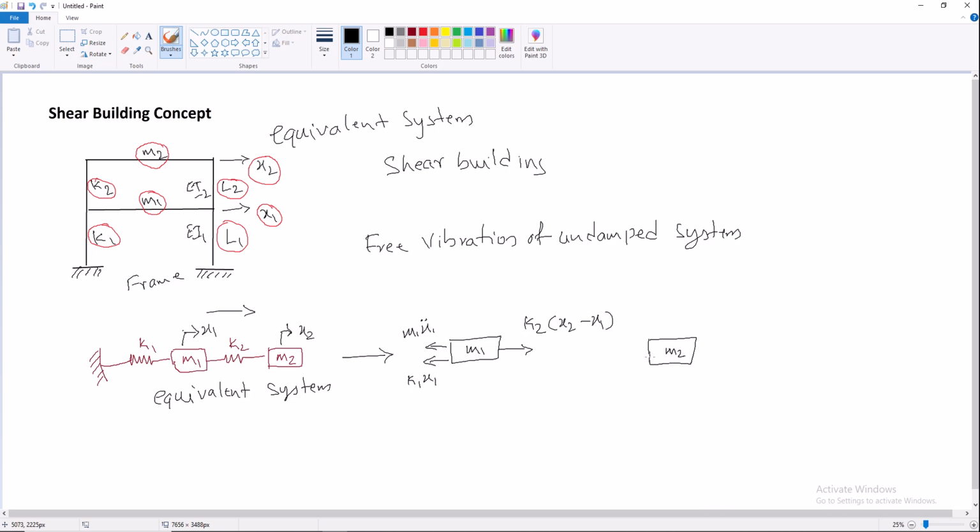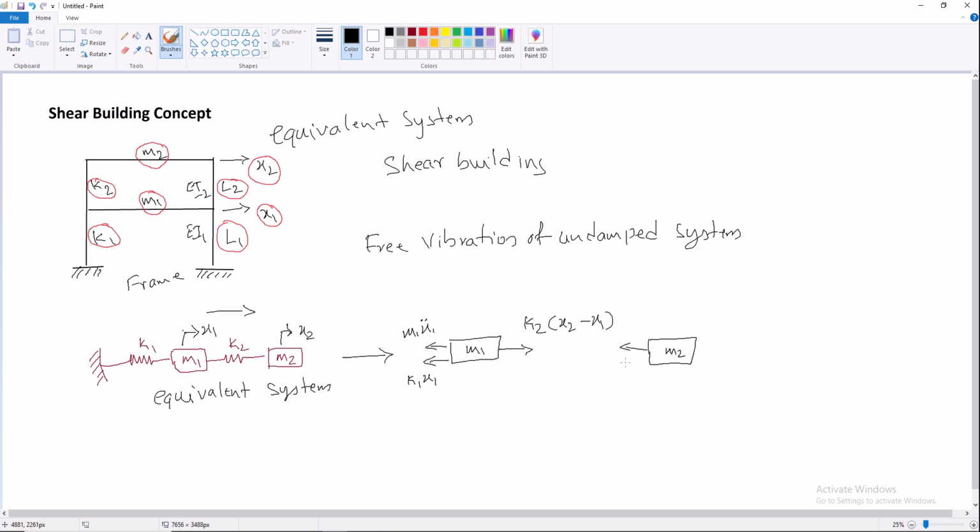At the same time, I would like to write the free body diagram for the other equivalent system, which is mass m2. Here in this direction I do not have any forces, because in this part there is no force or system connected, so no forces will act in this direction.